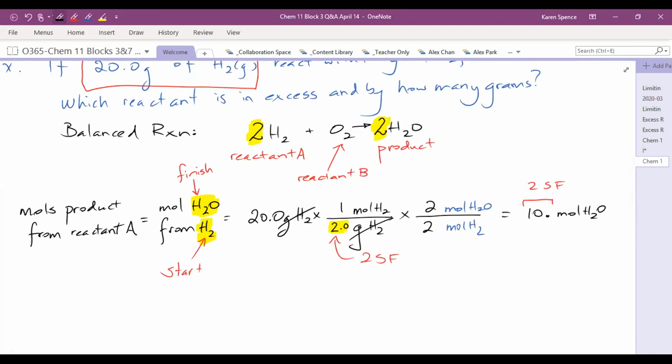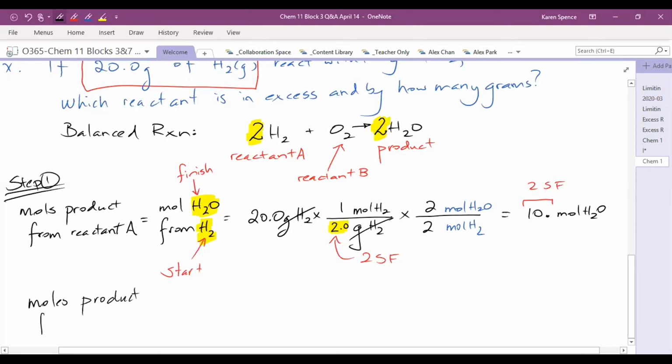Now we need our moles of product, because remember I said for step 1, you're going to do 2 calculations. You find the moles of product from reactant B. So we are starting with O2.